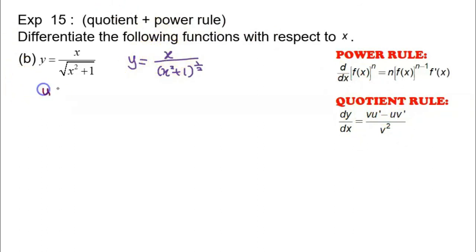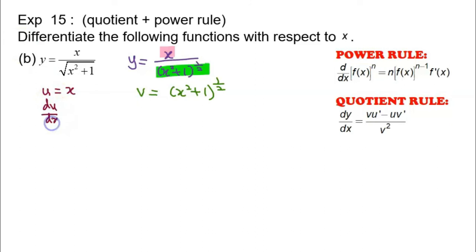Let u equal the function at the numerator, x. Then, let v equal the function at the denominator, which is x squared plus 1 to the power of 1 over 2.